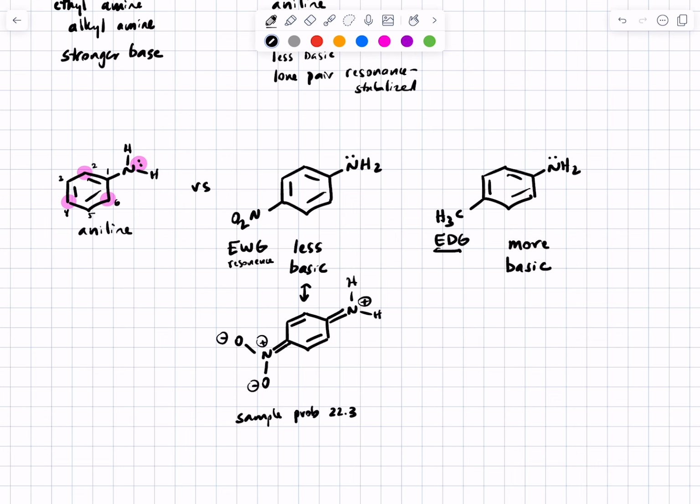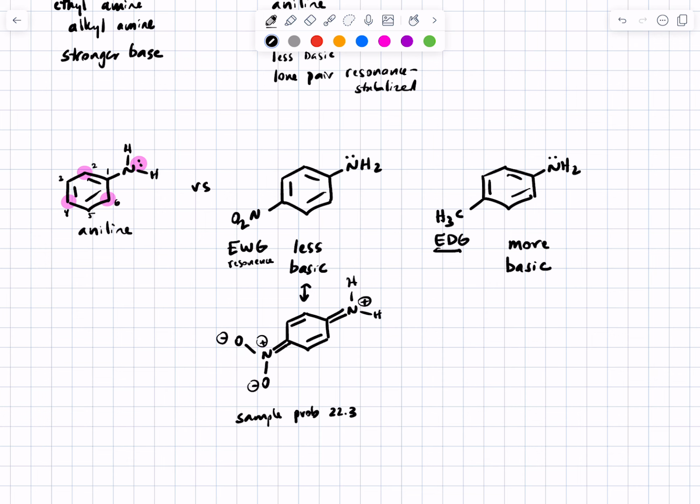And so the aniline lone pair in the para-methyl should be more basic than aniline, okay? So you're seeing how we can use these basic principles that we've learned so far to rank molecules in terms of basicity.